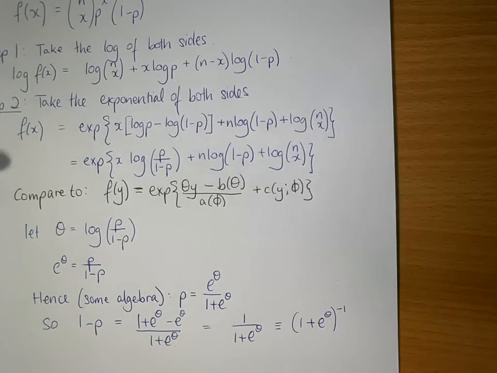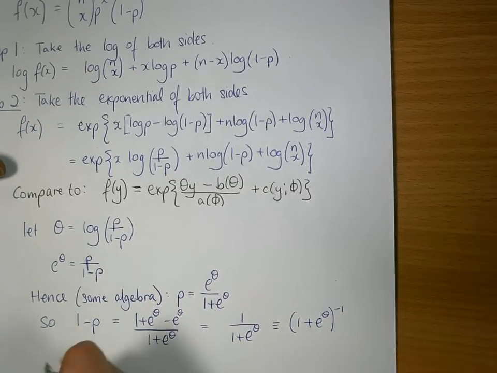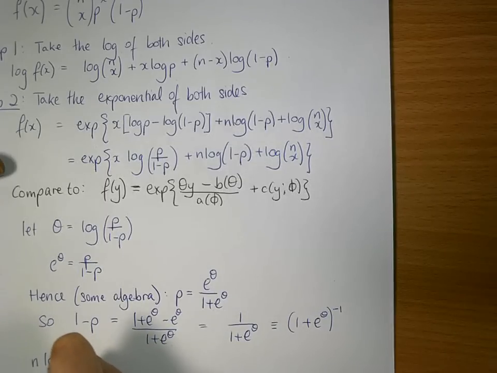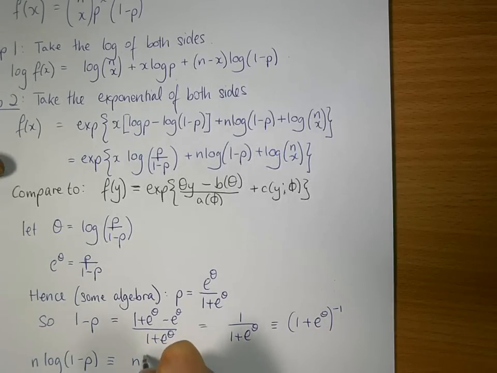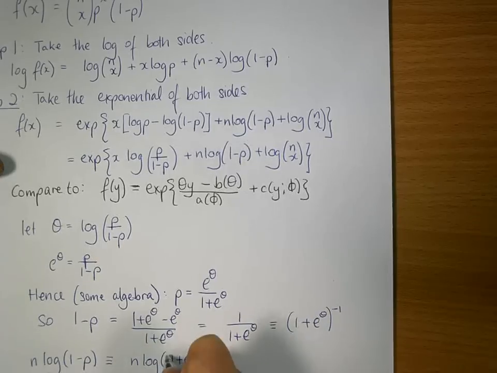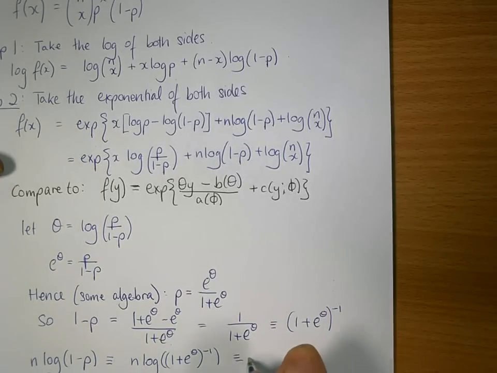This will become obvious why I'm doing it in this form when I say n log 1 minus p is equivalent to n times log of 1 plus e to the theta to the minus 1, which is equivalent to minus n log of 1 plus e to the theta.